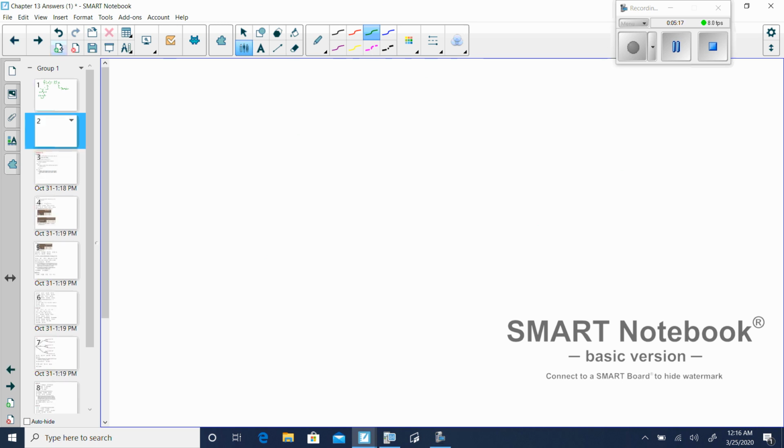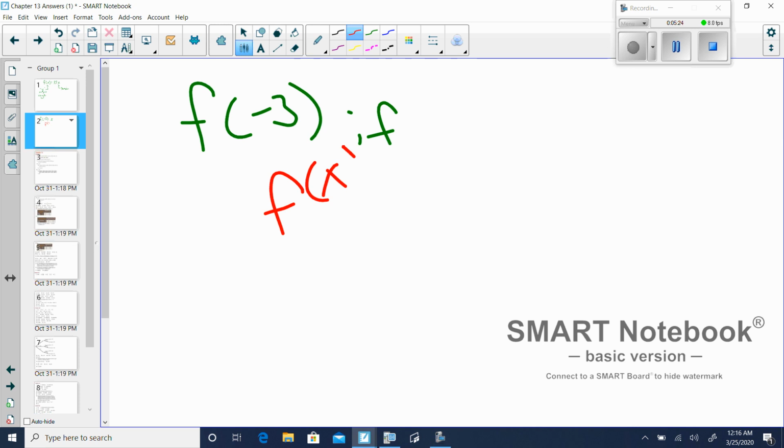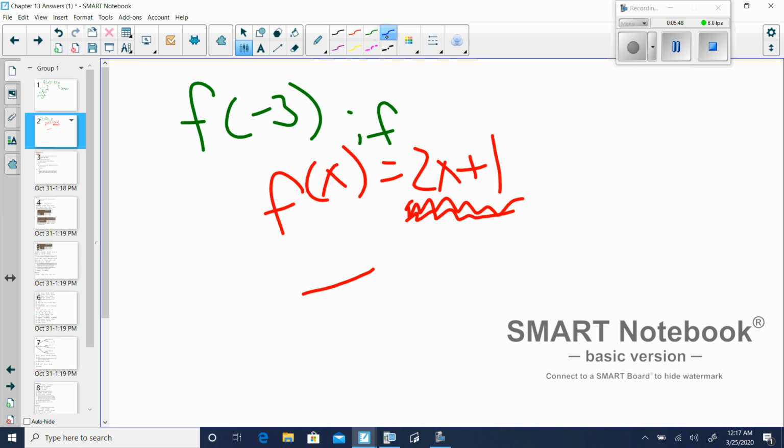Example 1, they ask us to find f of negative 3 if f of x equals 2x plus 1. Think about it like this: 2x plus 1 is a rule. It tells us that if we input some value for x and follow this rule, it creates an output value on the other side. How do we know what value to put in for x?